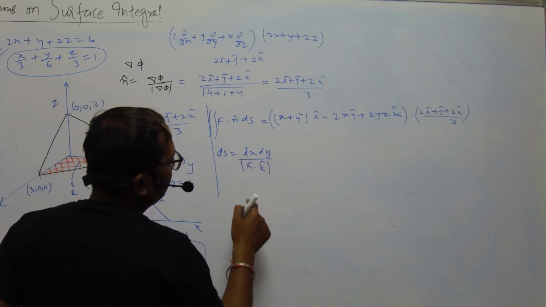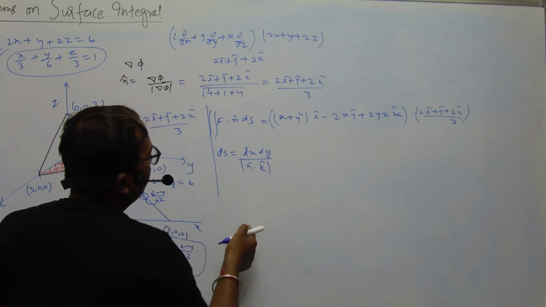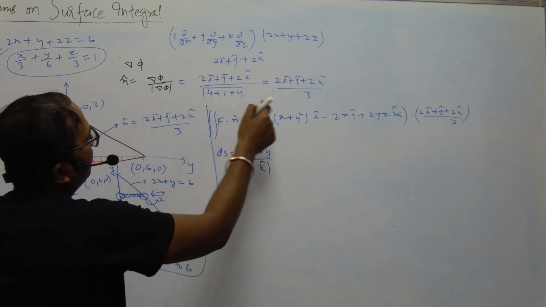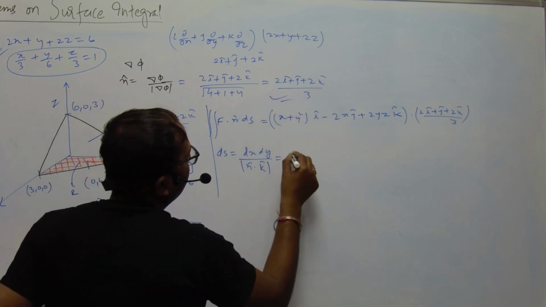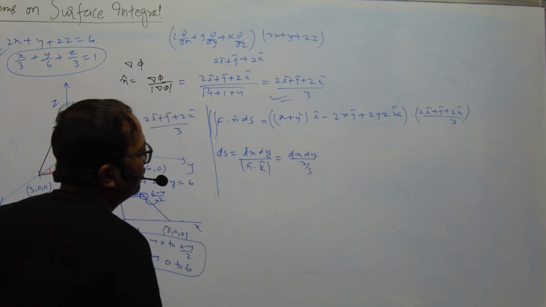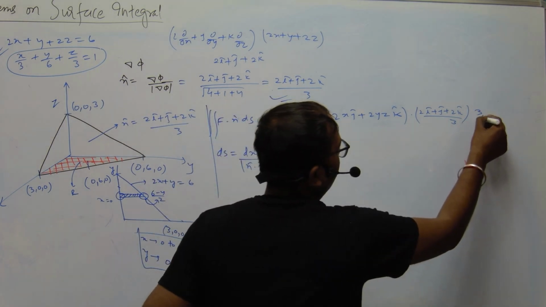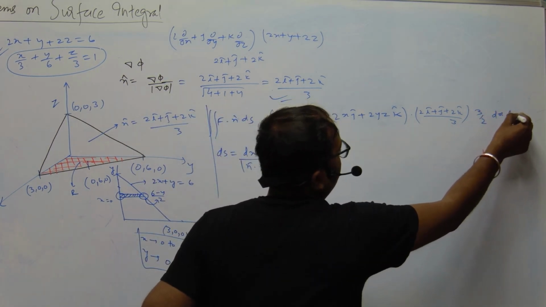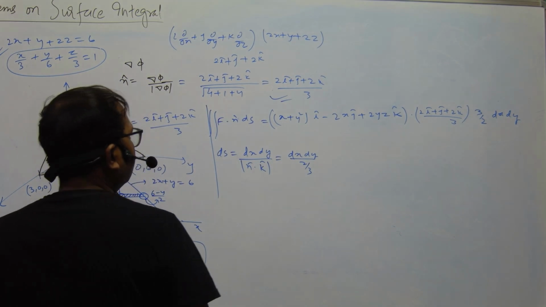Let us take the dot product of n cap with k cap. n cap dot k cap will be 2 by 3. So dS is dx dy upon 2 by 3, which is equal to 3 upon 2 dx dy.